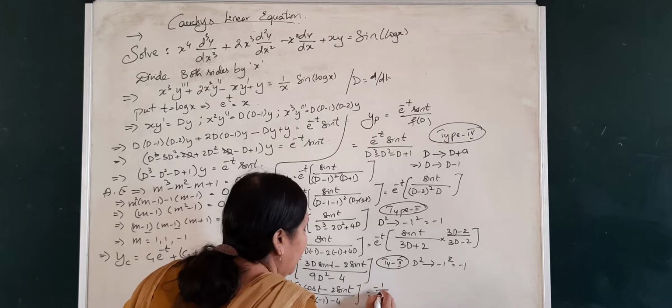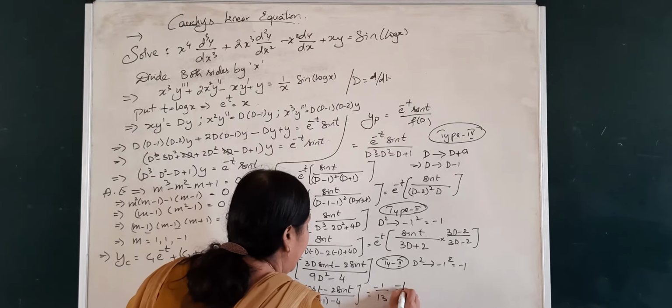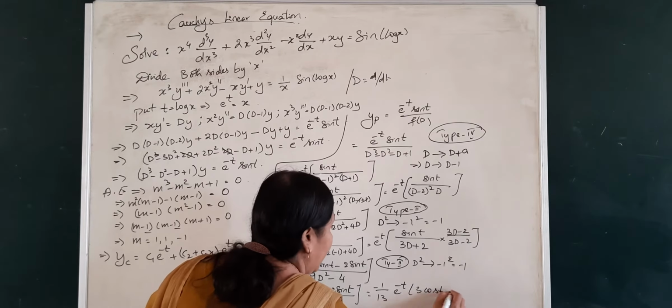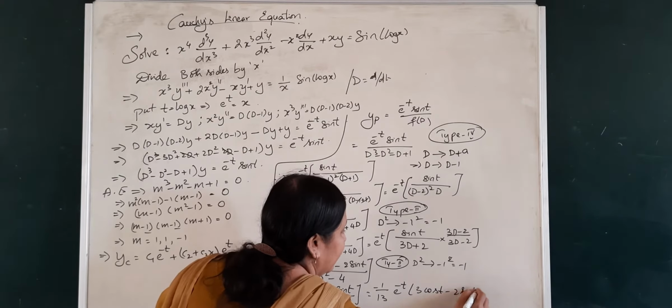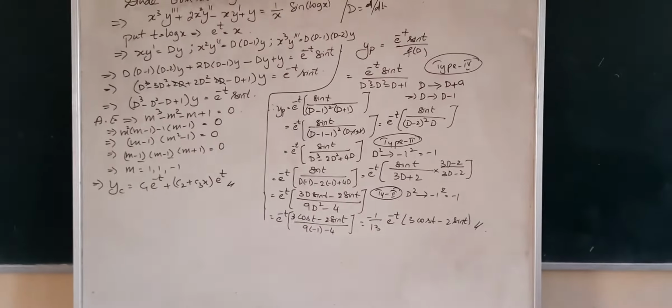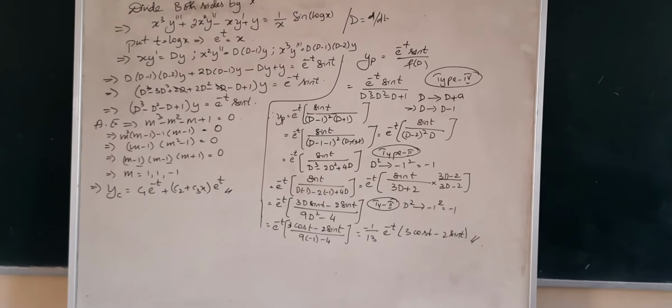Therefore we have minus 1 by 13 e power minus t into 3 cos t minus 2 sin t. This is our yp.